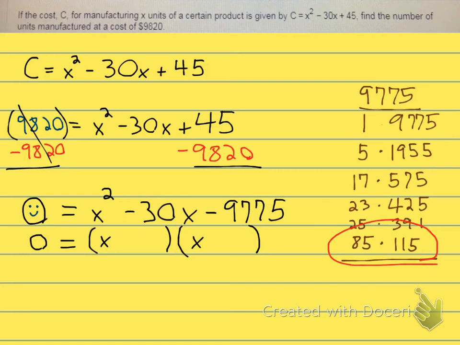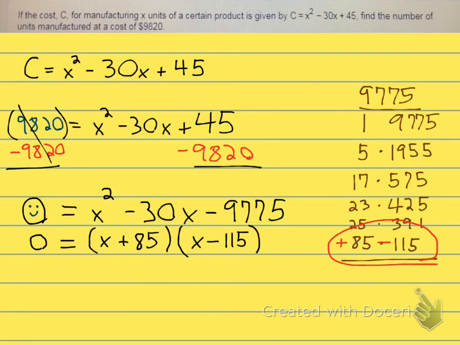And since it's a negative 30, we need to have plus 85 minus 115. Those are the two numbers that go here. So we have plus 85 and minus 115. And if you FOILed this out, you would get the trinomial above it right here.